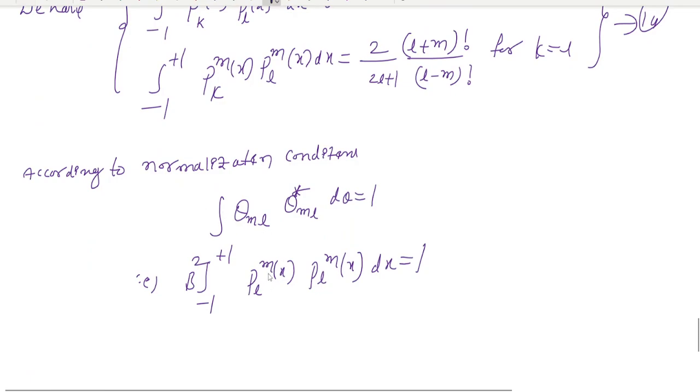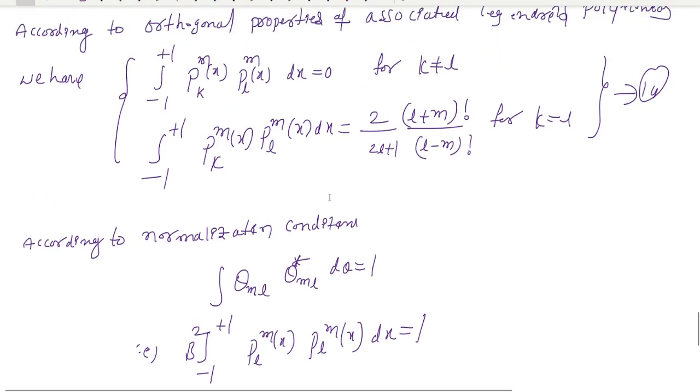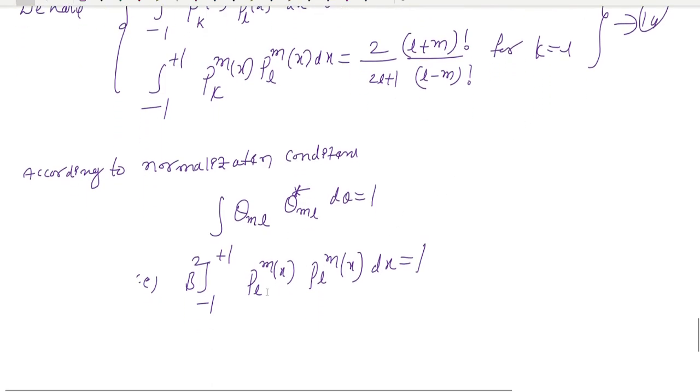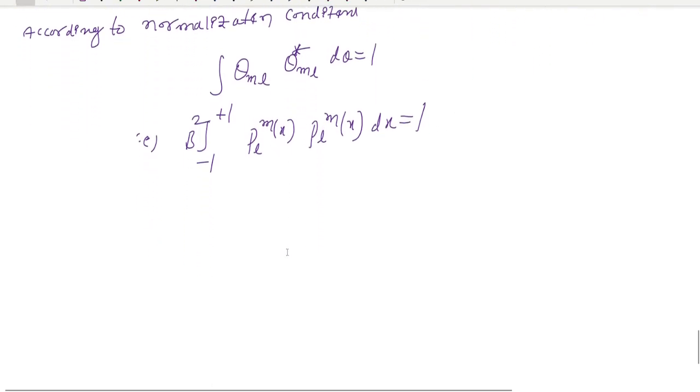Then I am trying to adopt this condition with our associated polynomial forms. If not equal to 0 condition is there, then we use 2 divided by 2l plus 1 times l plus m factorial divided by l minus m factorial, for the case of k equal to l, because here the two functions are the same. That's why I'm using the second condition.